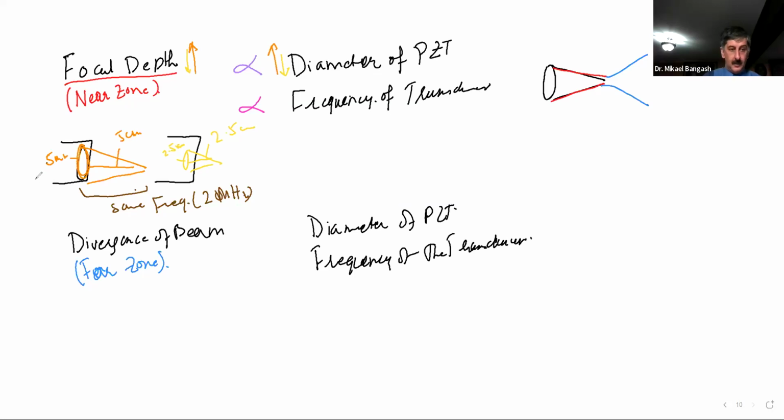But we want to establish the relationship between the focal depth and the diameter of the PZT solely, and that will keep the frequency constant here. Did you guys get that? Yeah.